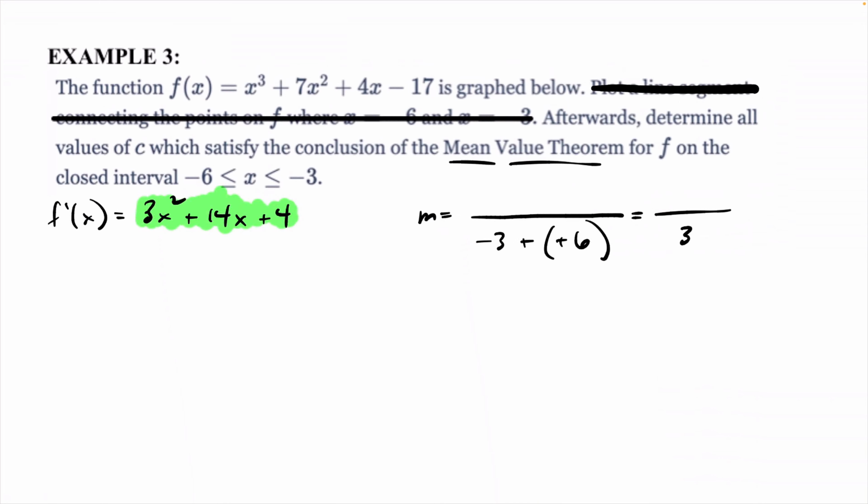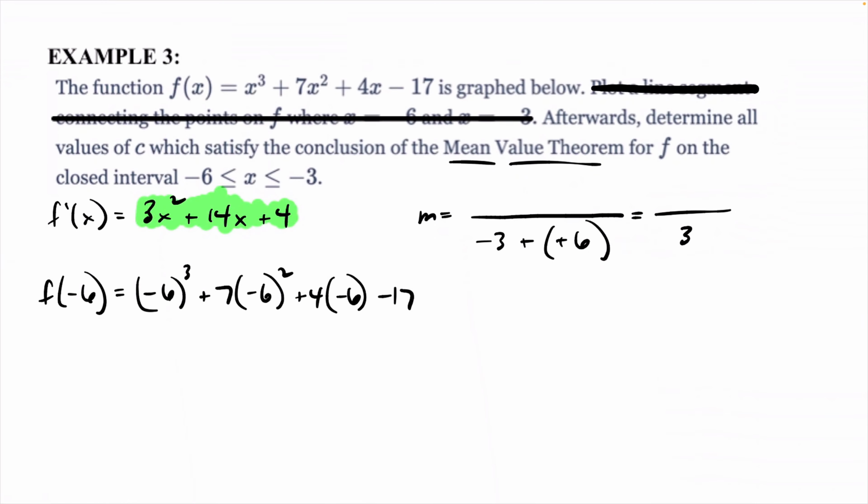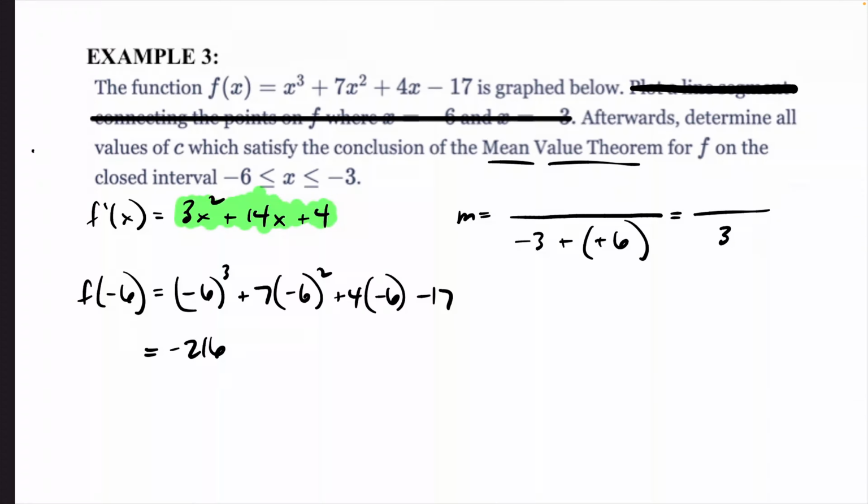So f of -6 is -6 cubed plus 7 times -6 squared plus -6 minus 17. -6 times itself 3 times is -216. -6 squared is 36, times 7 is 252.